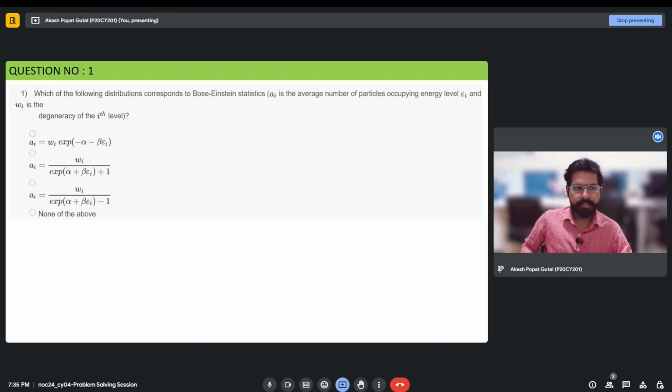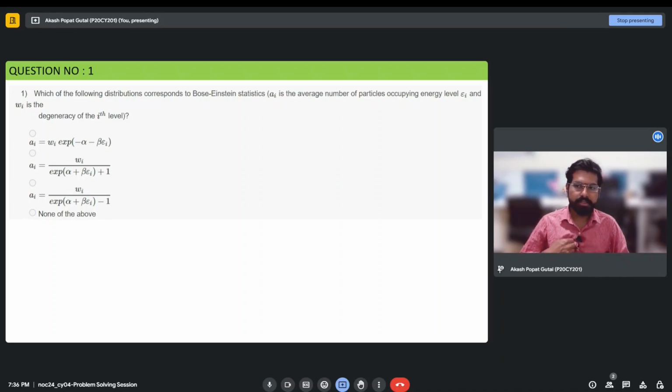So here the only thing that is different is omega i, which we call degeneracy. Where the degeneracy goes is the question. We know what Bose-Einstein statistics is, but we have not considered the degeneracy while deriving the equation.